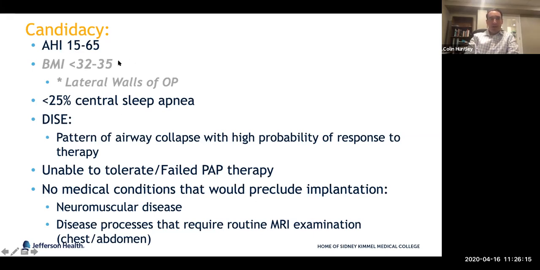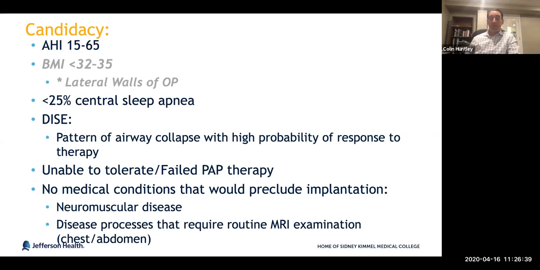BMI, I put this in gray and italicized because this is probably the biggest moving target. BMI candidacy is below either 32 or 35, and that's a bit dependent on the insurer. Medicare, at least in our Novitas region, approves less than 35. Blue Cross and AmeriHealth, as of yesterday, approved less than 35.